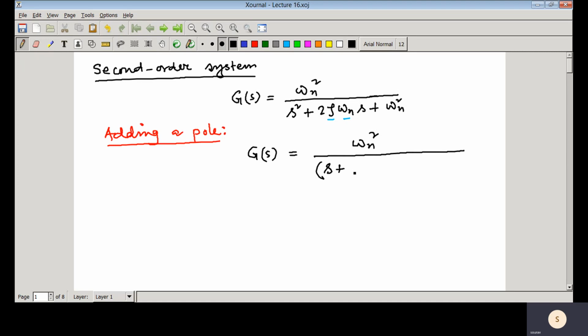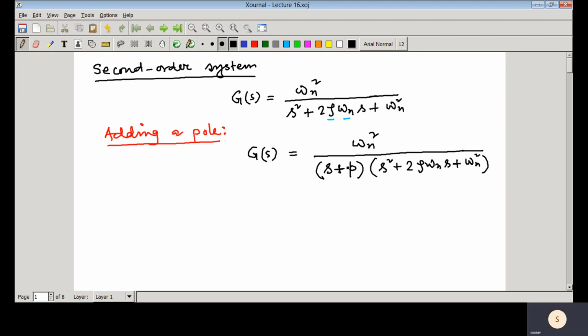Suppose the pole is at minus p. It is a real pole, and we have the transfer function with s square plus 2 zeta omega n s plus omega n square.